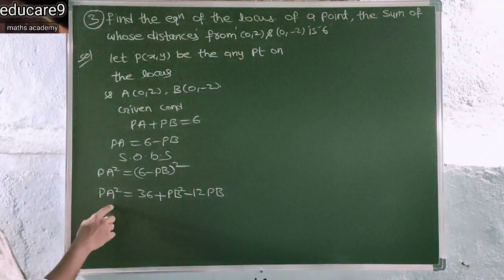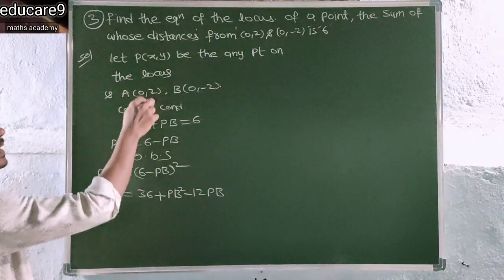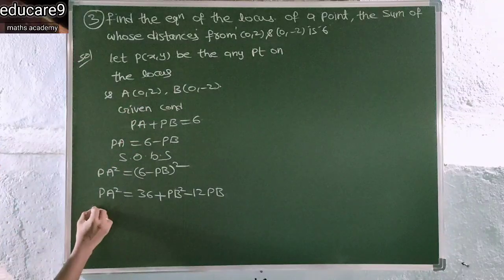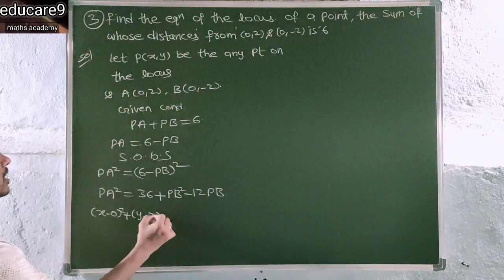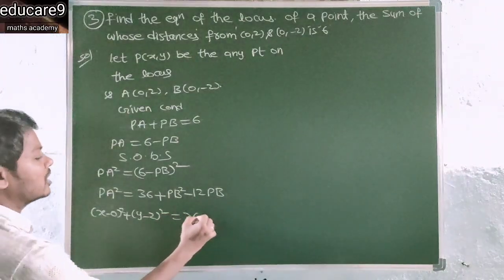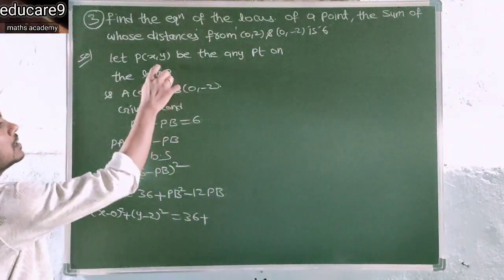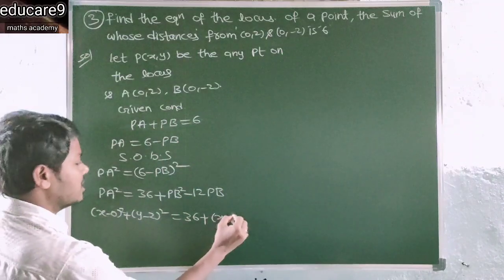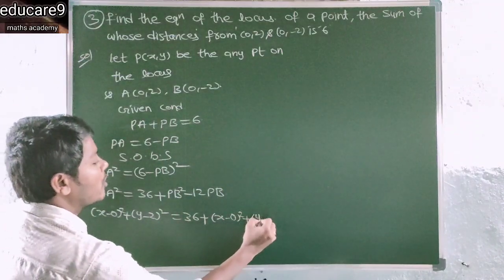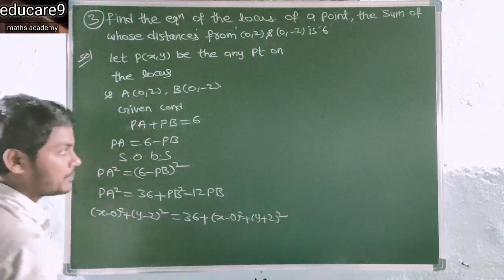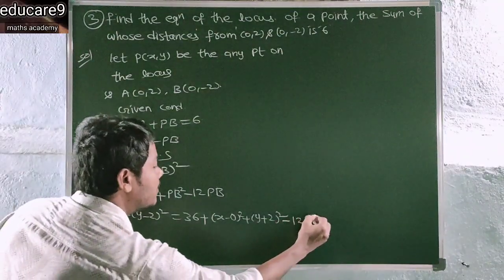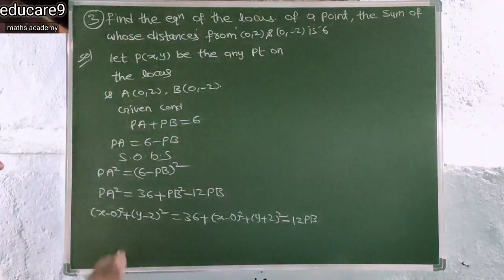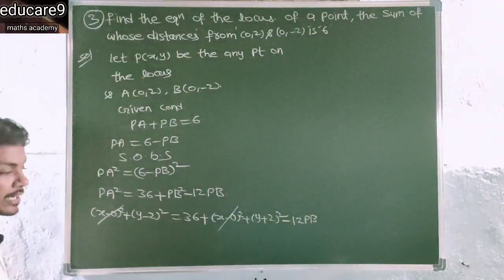So PA denotes the distance between 2 points, that is (x minus 0) whole square plus (y minus 2) whole square is equal to 36 plus PB square, that is (x minus 0) whole square plus (y plus 2) whole square, minus 12 PB. So (x minus 0) whole square gets cancelled.